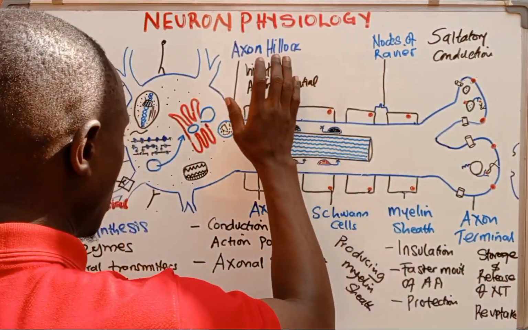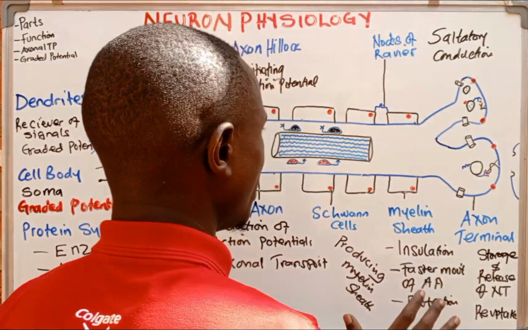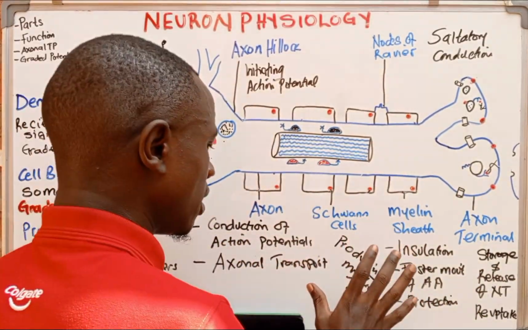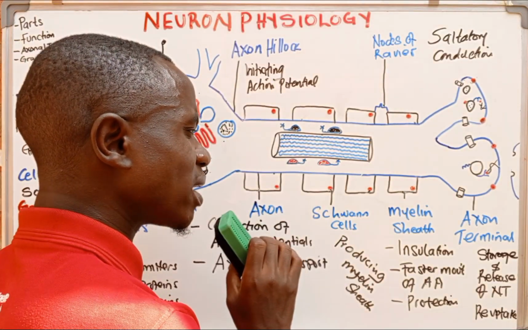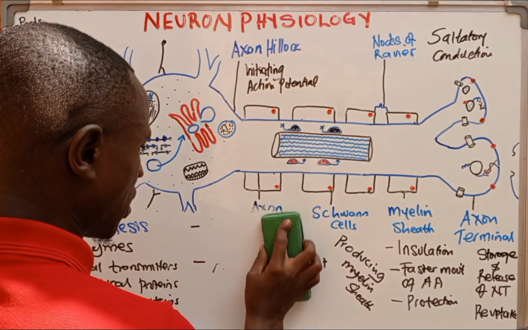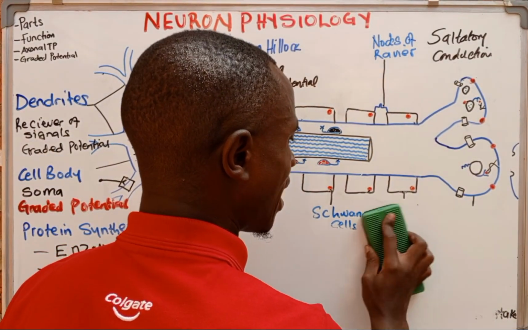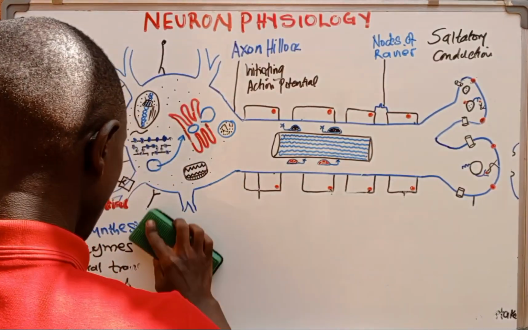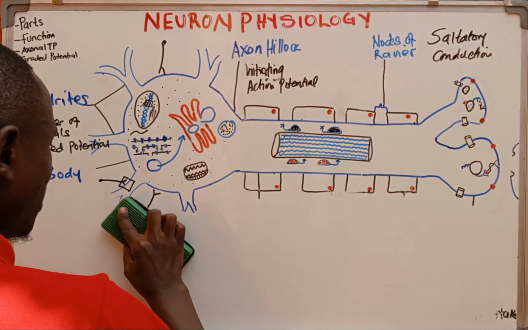Having looked at all these parts with the roles which they play, let's go ahead and see what we call axonal transport, because it is very important to know. What is axonal transport generally?